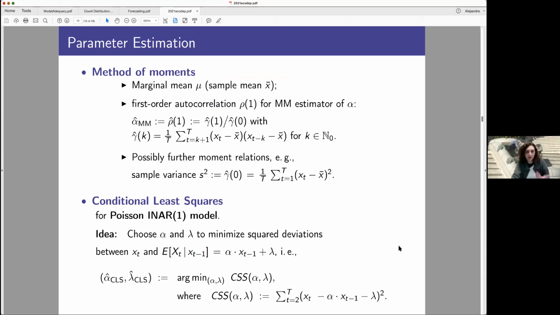So, first choice, method of moments. The marginal mean is estimated by the sample mean, and the first order autocorrelation is easily computed from the data. So we have an estimation of rho 1, and perhaps we need other moment relationships in order to get all the other estimations.